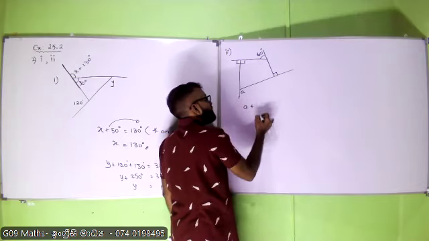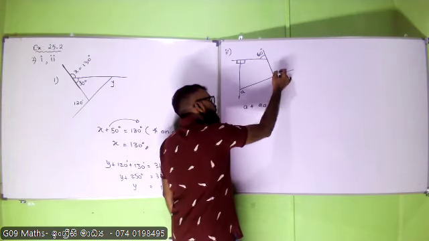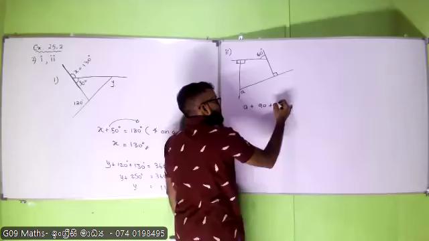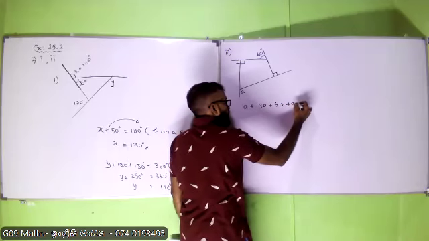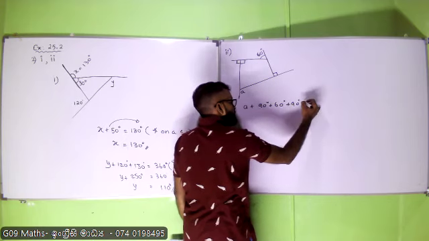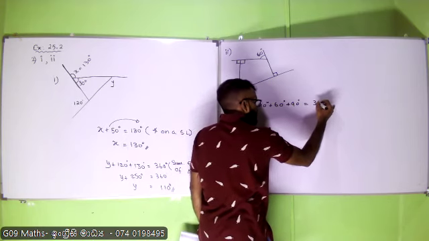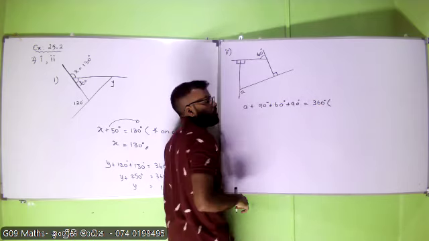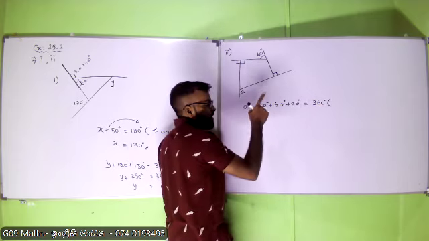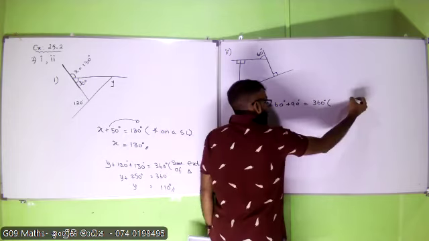Start from that one. A plus 90 plus 60 plus 90 equals 360. Reason: summation of the exterior angles of a quadrilateral or a polygon.